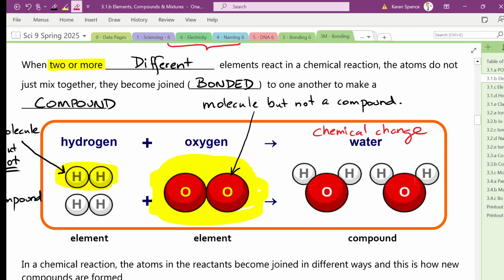Okay? So, H2O, is that a molecule? Is it made of non-metal atoms stuck together? Yes. So it is a molecule. Is it a compound?